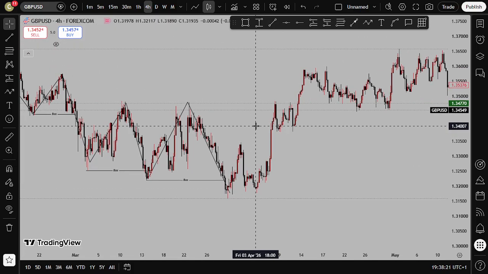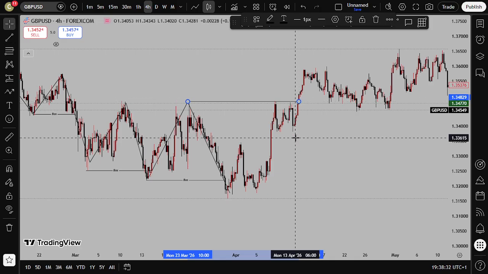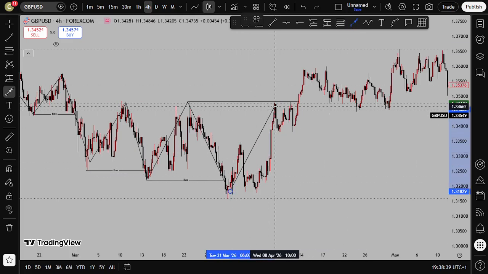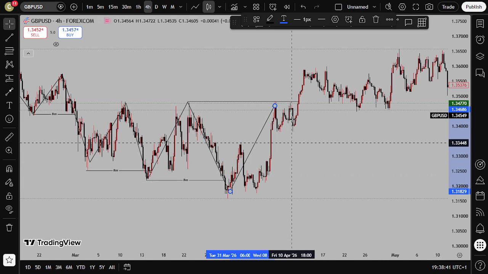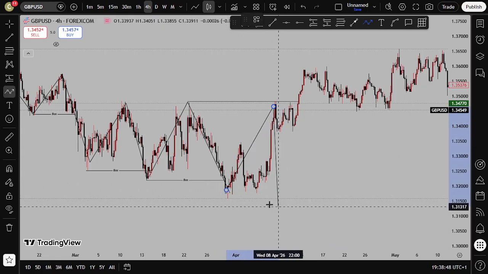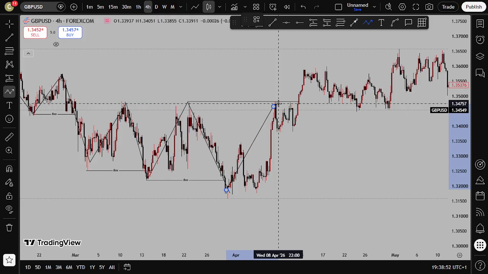So now in the case of a change of character, this is where a change of character comes in. We have this, whereby as price pulls back, retraces here now, we expect that price should continue lower by breaking this previous lower low. But as you can see, price didn't do that.